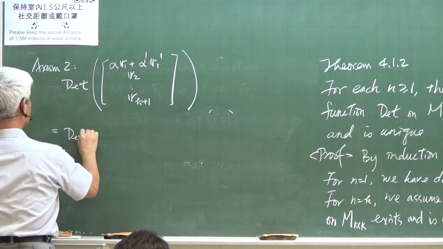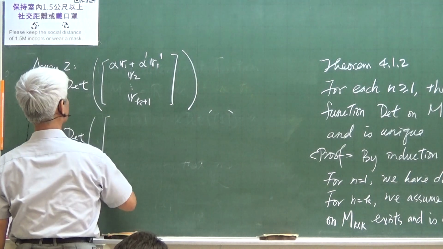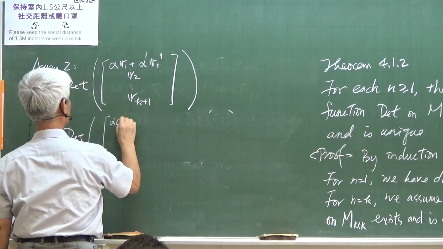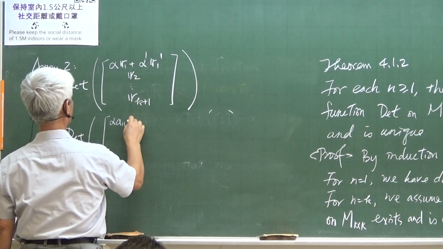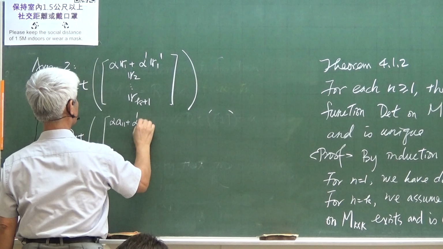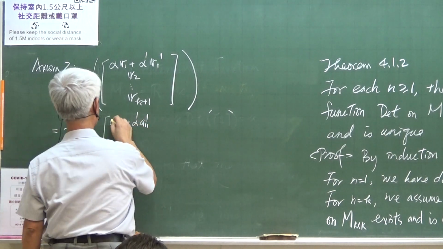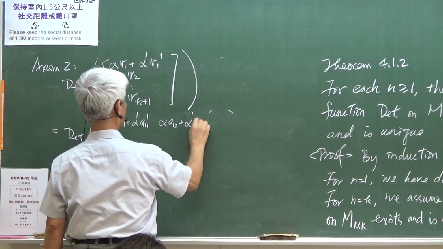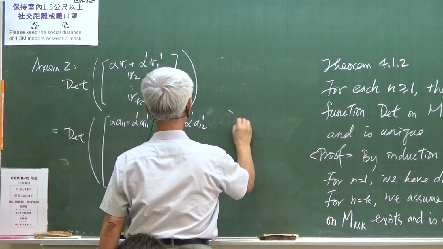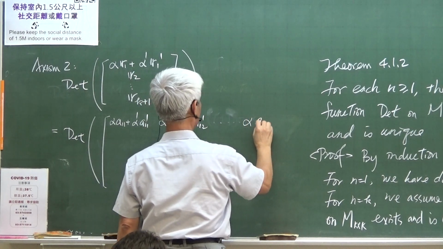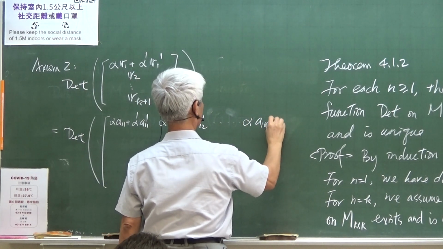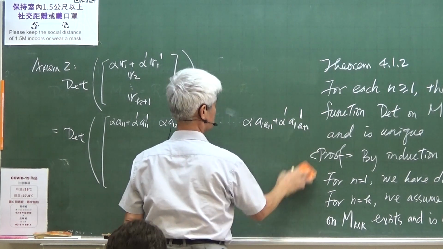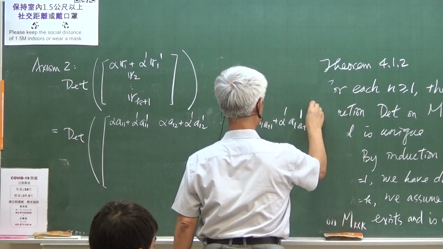So we have the determinant where the first row is alpha A11 plus alpha prime A11 prime, alpha A12 plus alpha prime A12 prime, up to alpha A1 k plus 1 plus alpha prime A1 k plus 1 prime.